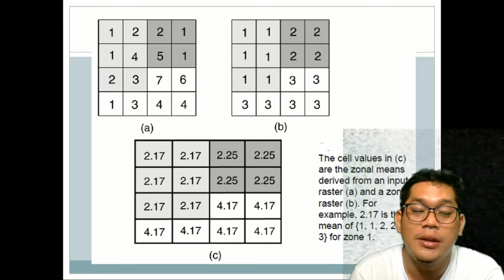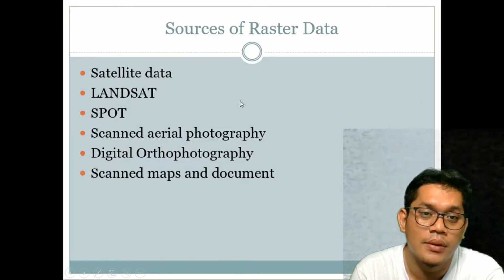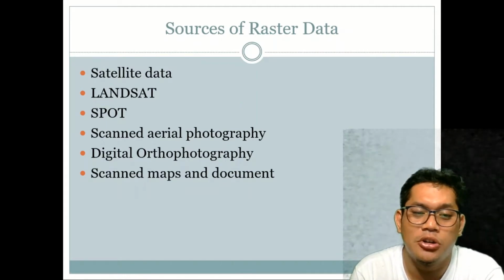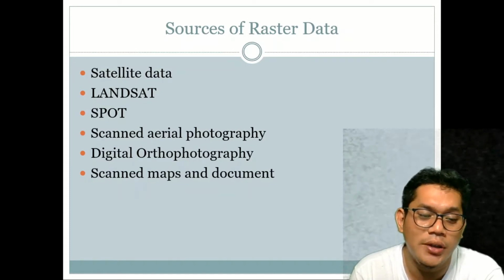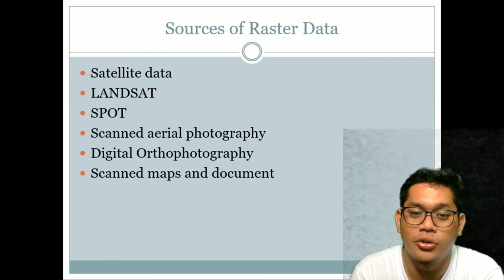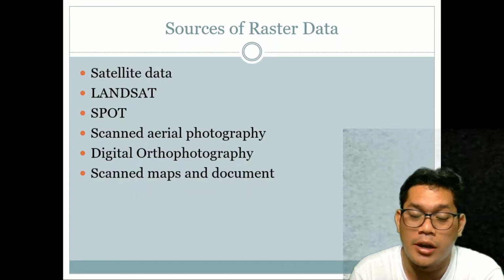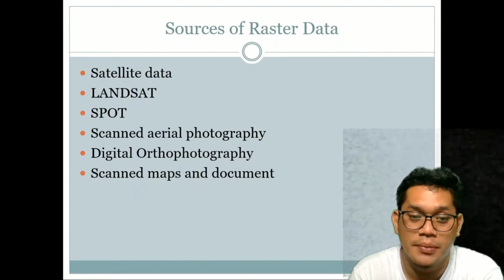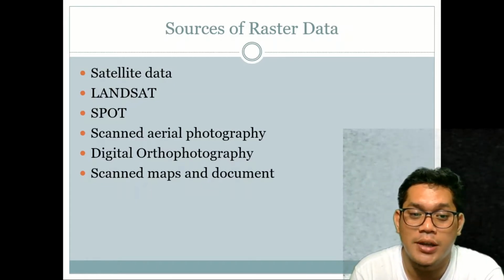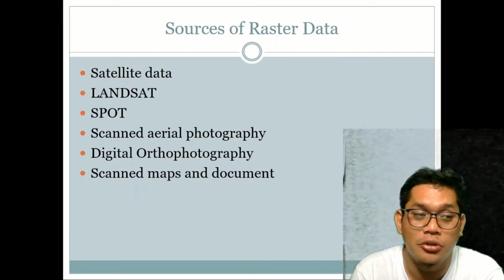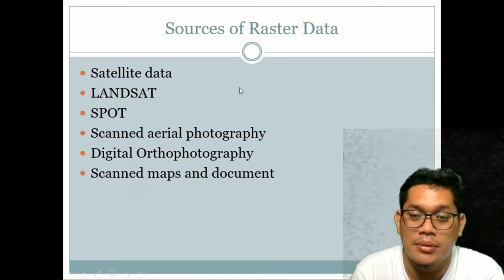One of the sources of raster data is satellite data, such as Landsat or Spot. It could also come from scanned aerial photography, digital orthophotography from airborne platforms or drones, scanned maps, and documents such as tables and reports.